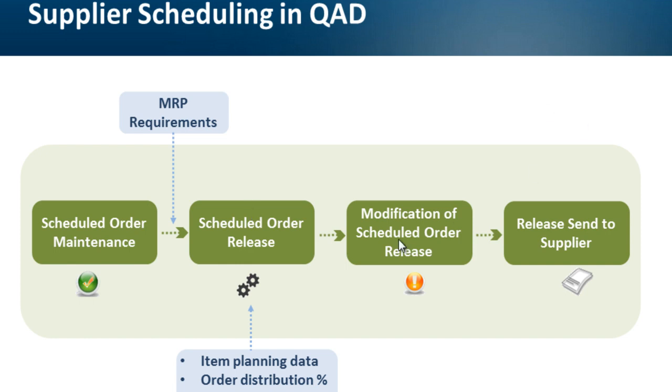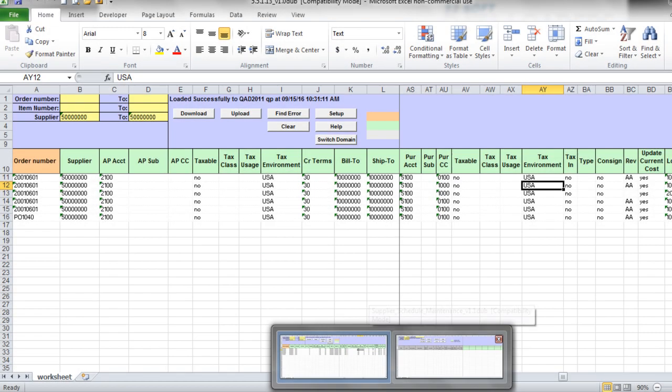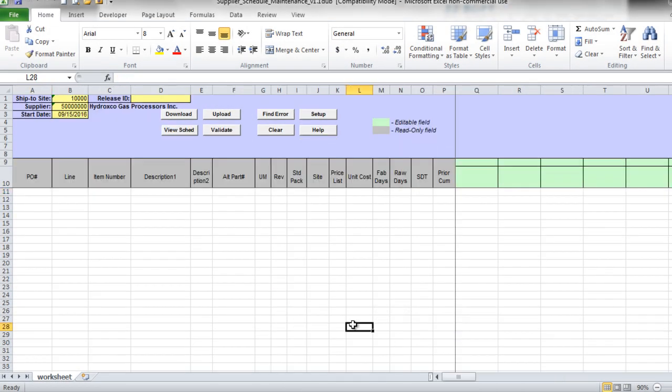Well, our solution to this step is the supplier schedule data loader. It also looks like another Excel template, and this loader allows you to quickly and efficiently update supplier schedules in QED.